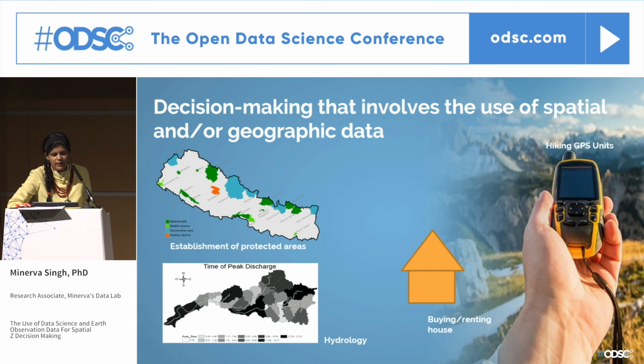And even buying and renting a house is a form of spatial decision making, because apart from the price, we also take into account the spatial factors such as distance from the bus stop. And now, spatial data analysis also includes something known as Earth observation data.